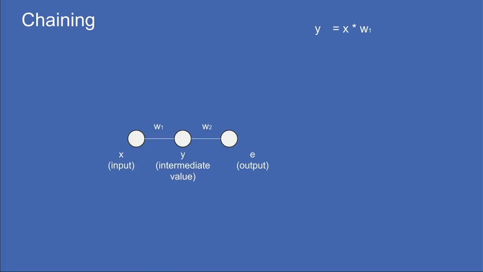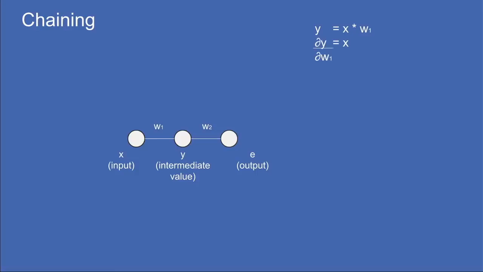Imagine the world's most trivial neural network that has 1 input, 1 output, and 1 hidden layer with 1 neuron in it. So it's got an input connected by a weight, W1, to an intermediate value connected by a weight, W2, to an output value. So the intermediate value is just x times that weight.